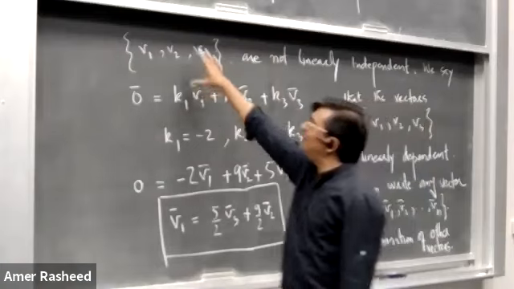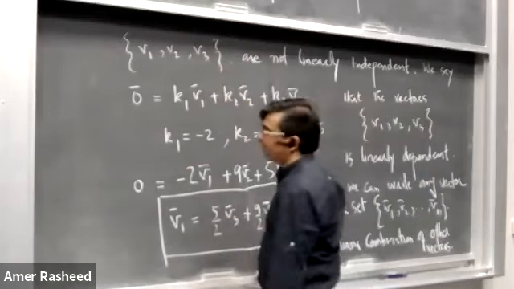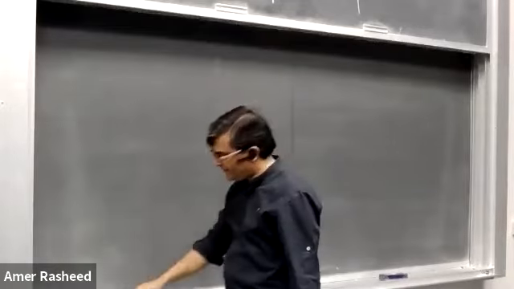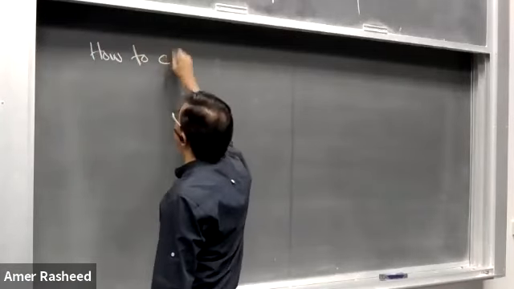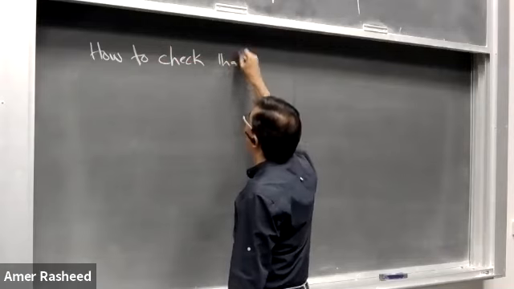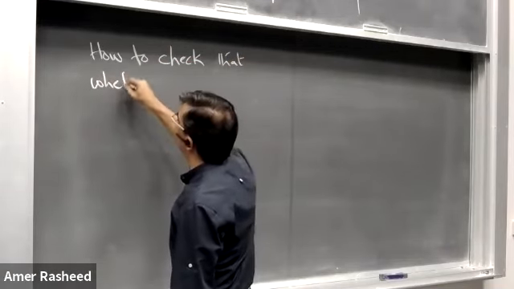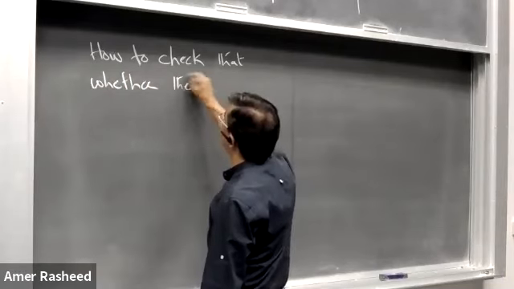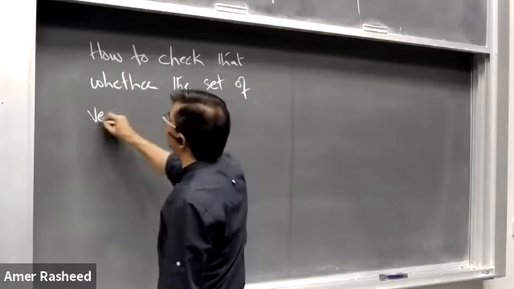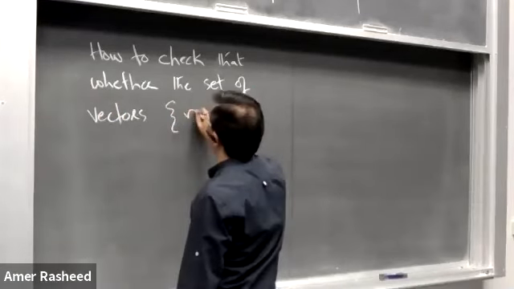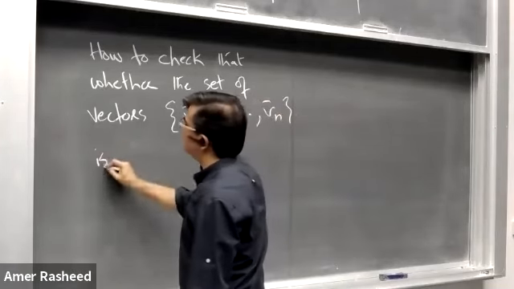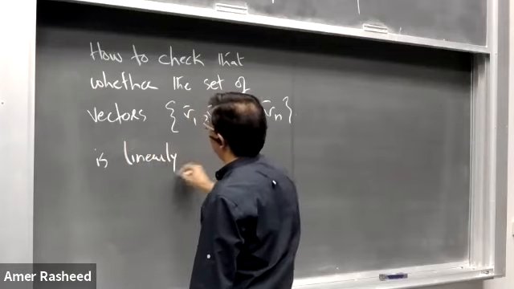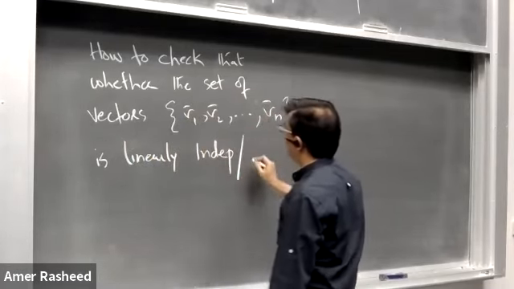Yes. So when we have to check whether these three vectors or any n vectors, whenever we have to check, how to check whether the set of vectors, means v1, v2, so on, vn, is linearly independent or dependent.